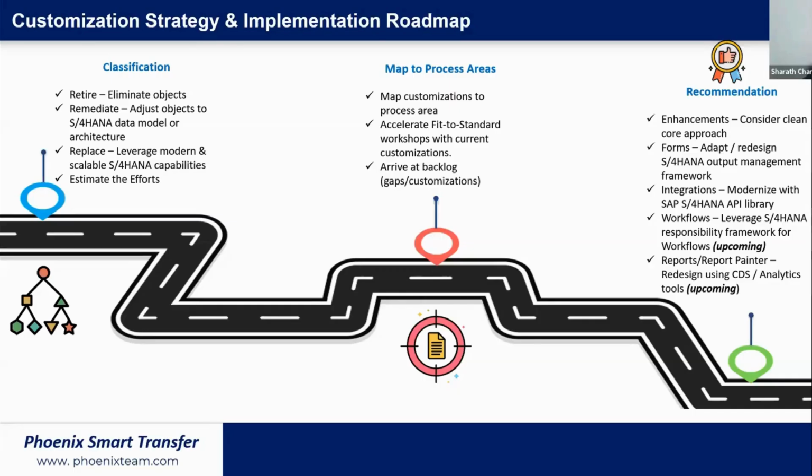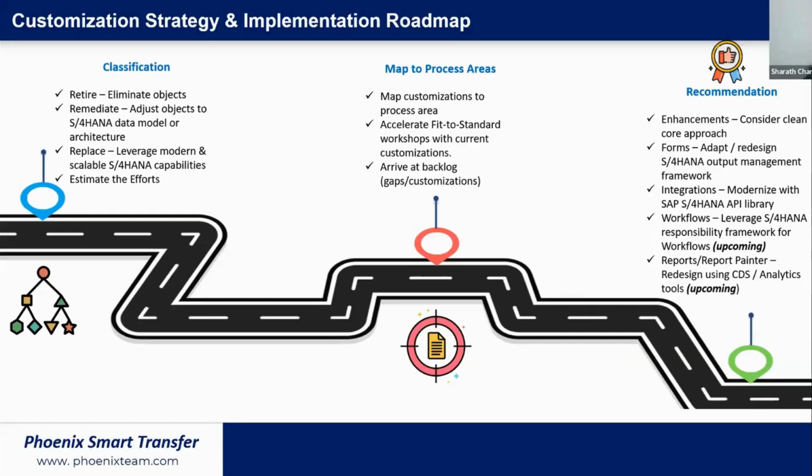That's where it's not just flagging it as an issue, but rather the tool has the ability to propose the approach or the solution that you could take in terms of how this object could be remediated or adjusted as per S4HANA's data architecture or the data model. Lastly, replace. This is where it's again going to propose or recommend the advanced or modern capabilities of S4HANA.